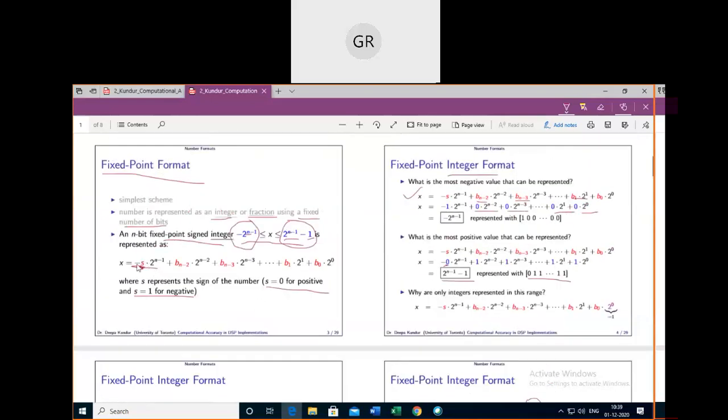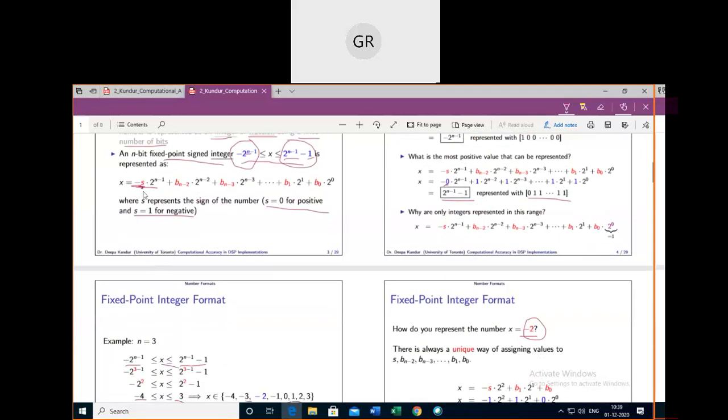It is 1. Then 2, how will we write it? 1, 0, right? 1 binary number and 0.